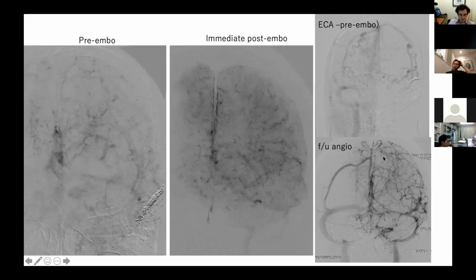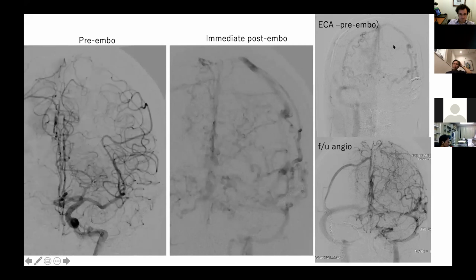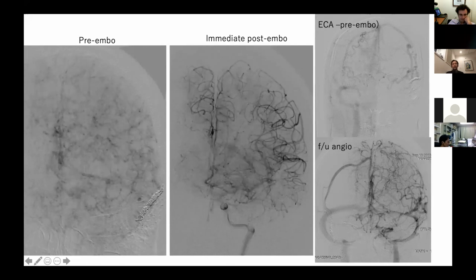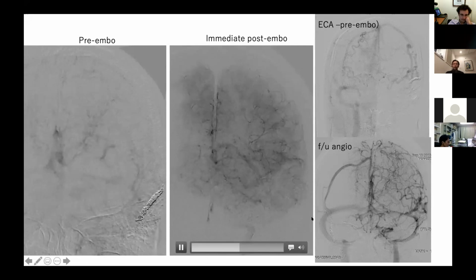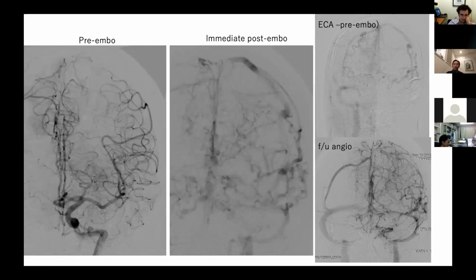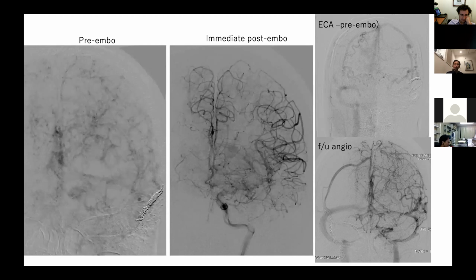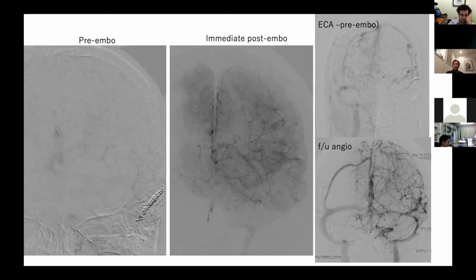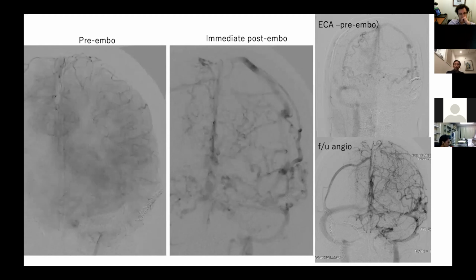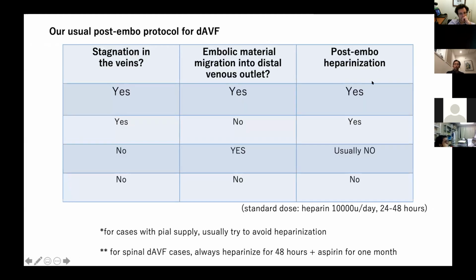Okay, so we did a follow-up angio after he had his symptoms to see that this vein actually was thrombosed, and well, as we've seen on the MR. Okay, so for this case, I think we did well with the embolization, but for post-operative management, this patient was supposed to be put on some kind of anticoagulation for a little bit longer period of time. I don't know how long that is supposed to be.